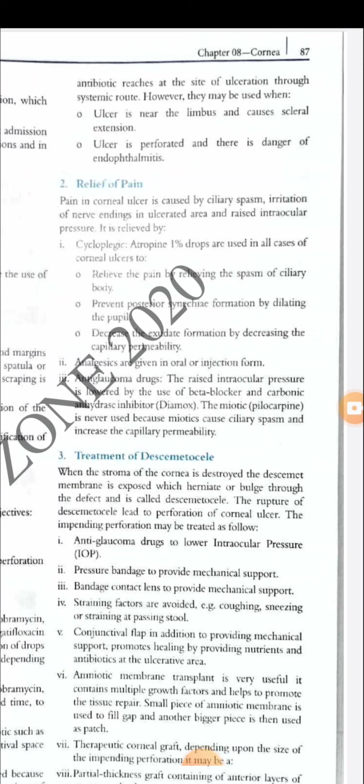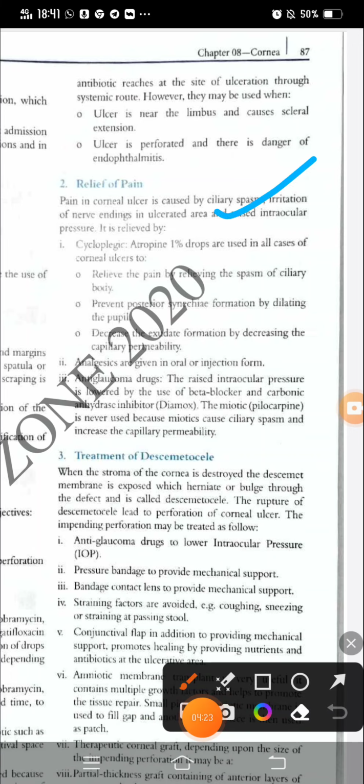I'm not saying that a bacterial corneal ulcer patient would die of neurogenic shock, but I am speaking in general. For relief of pain, remember from the previous video that pain occurs due to ciliary spasm, stimulation of nerve endings, and raised intraocular pressure. To relieve the pain, you have to suppress all these conditions.